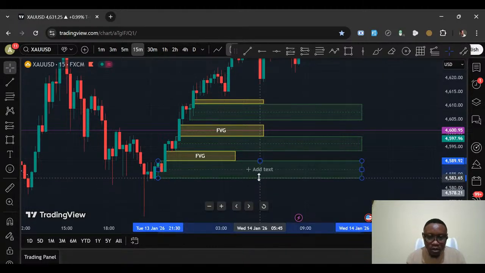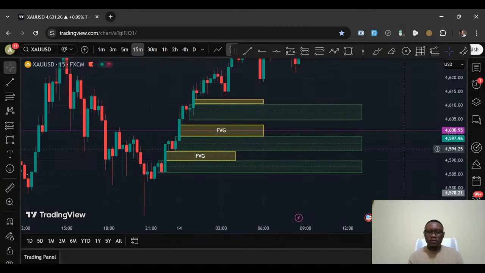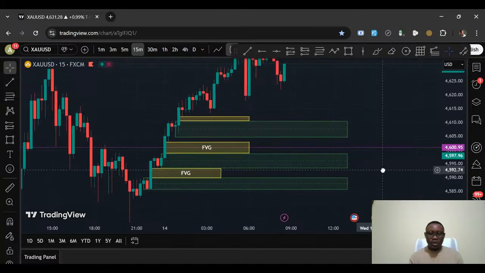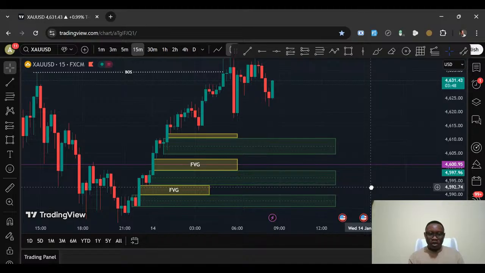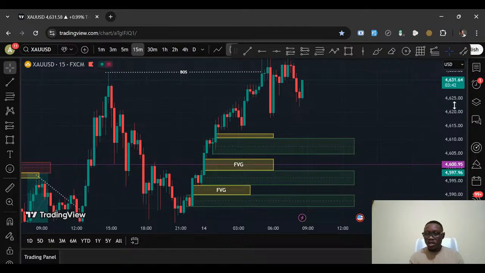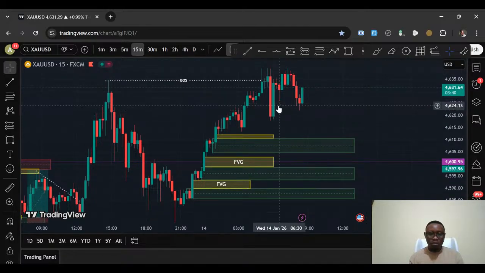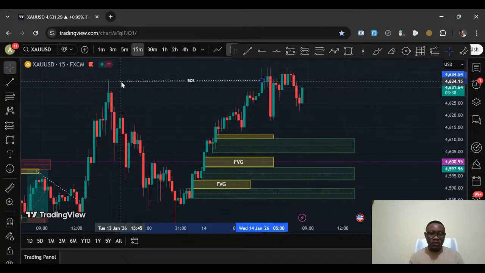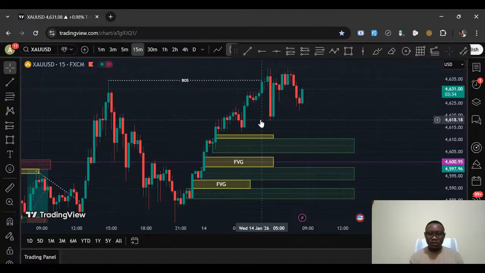Put it right here. This is our zone. So I believe we are following. You can see how I'm able to refine the zones as we drop down from one time frame to another. This is my break of structure.